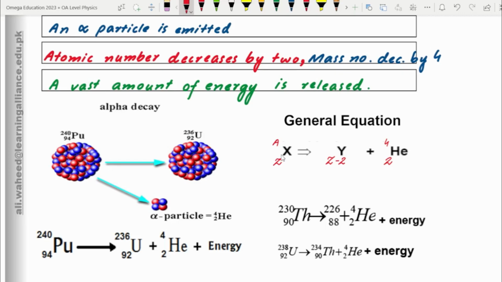The alpha particles have the atomic mass of 4. The nucleon number is 4. So there would be a reduction of 4 in the atomic mass for the daughter nuclei. So the daughter nuclei would now have the atomic mass as A minus 4 and the atomic number as Z minus 2.